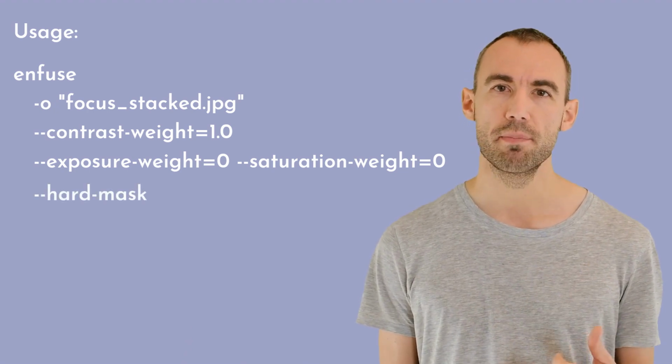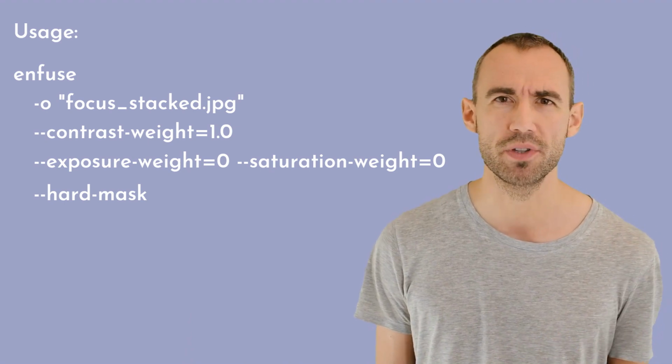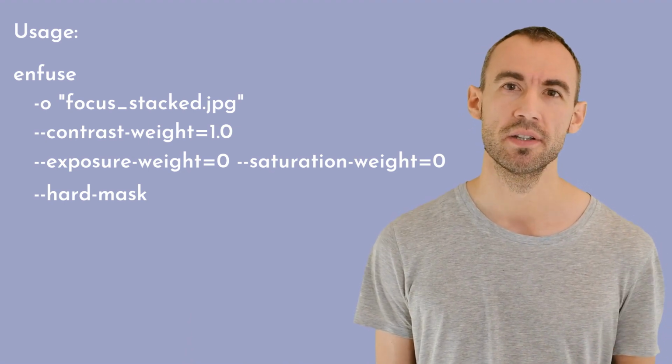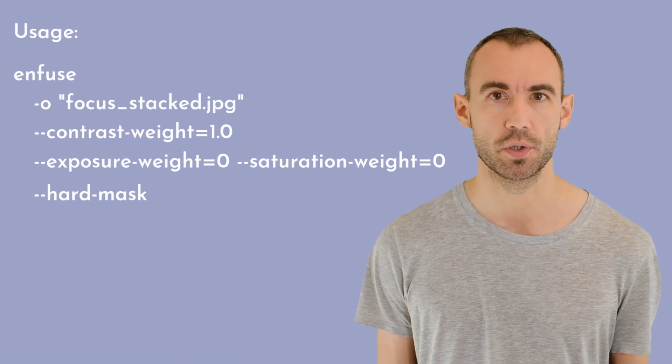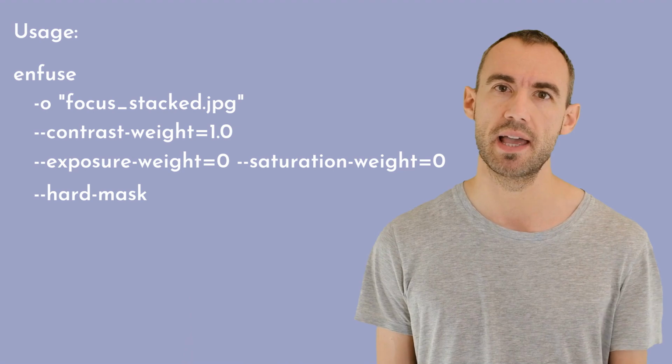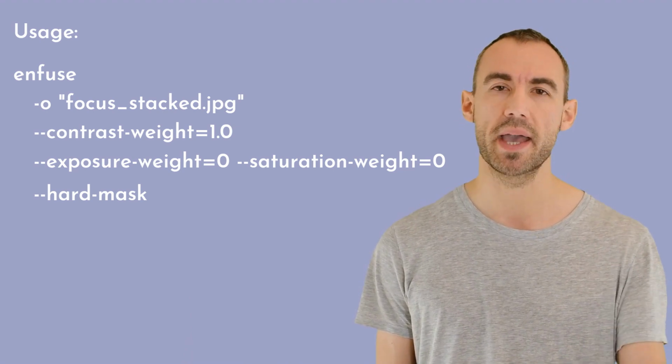Hard mask means that there's a kind of hard boundary, a hard separation between areas that are in focus and areas that are out of focus. As there would be if, for example, you're looking at an object in the foreground that is set against the background that's further away.